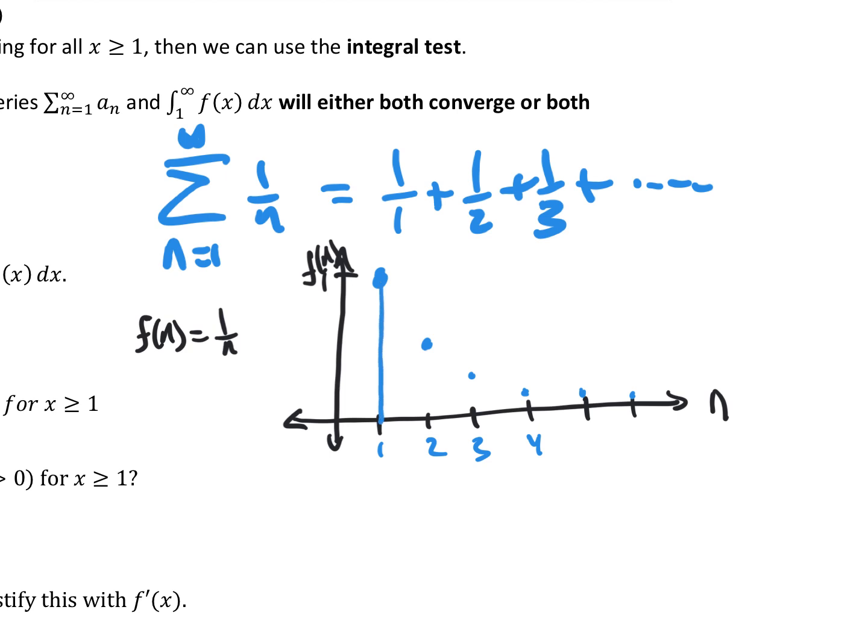And in fact, I'll draw some lines here. So the length of these lines is 1. The length of this line is 1/2. The length of this line is 1/3, 1/4, 1/5, 1/6. So this series represents the sum of the lengths of these lines.